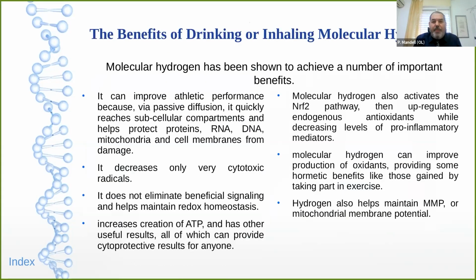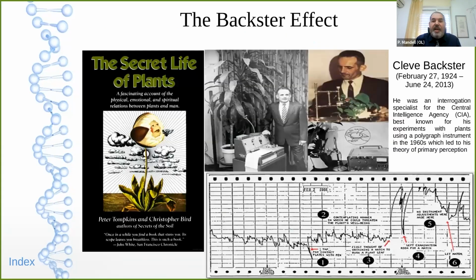It is known in the medical literature that inhaling or drinking water infused with molecular hydrogen improves athletic performance. It neutralizes free radicals. It increases ATP, and sports people use it because they have quicker recovery.